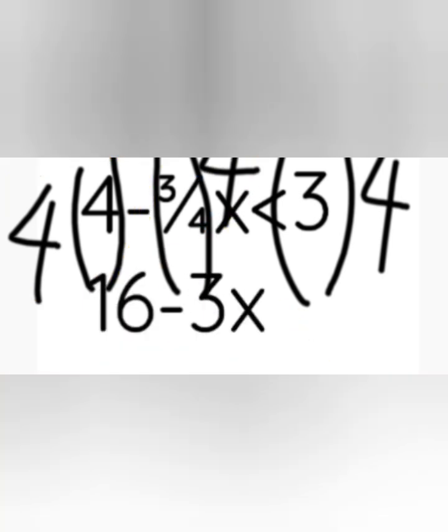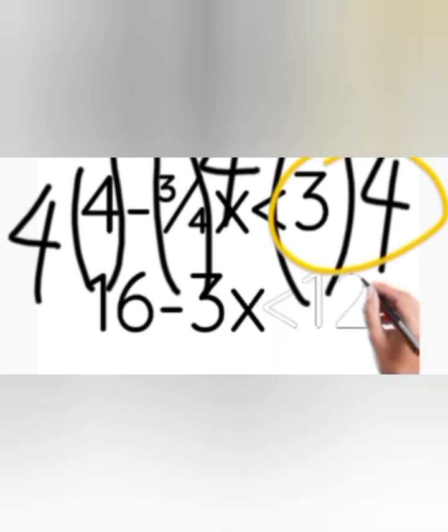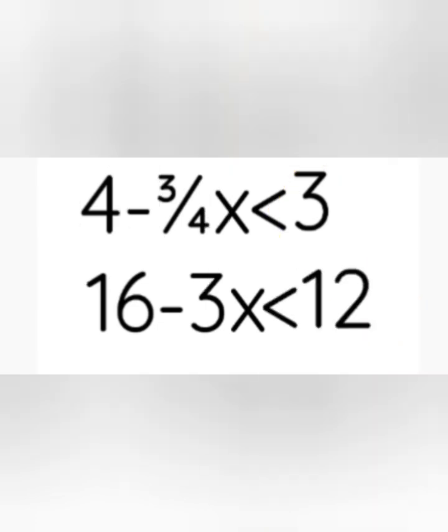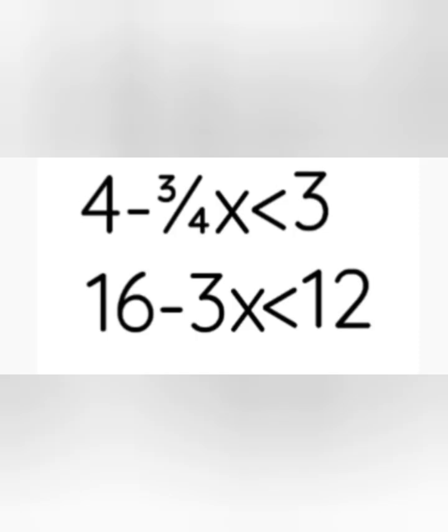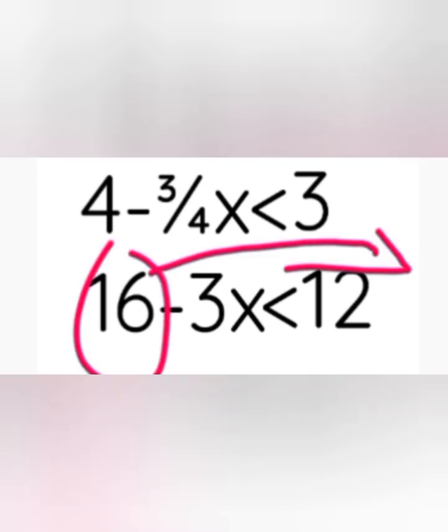Then 3 over 4 times 4 becomes 3. So we shall have 16 minus 3x being less than 3 times 4. 3 times 4 is 12. And that is our linear inequality. We solve it from there as usual. Now, here, if this is our equation, what do you think is the next step? The next step is to carry this 16 and take it to the other side.